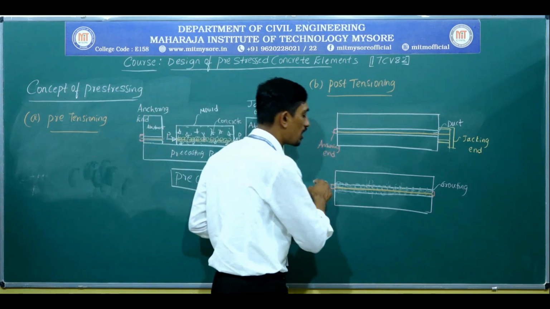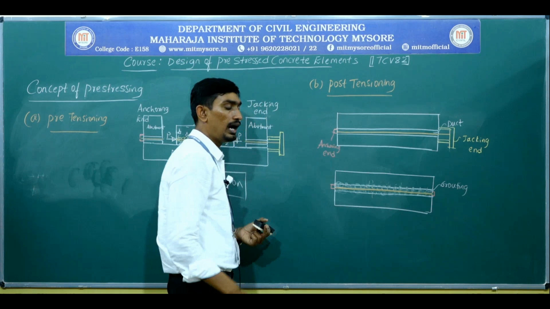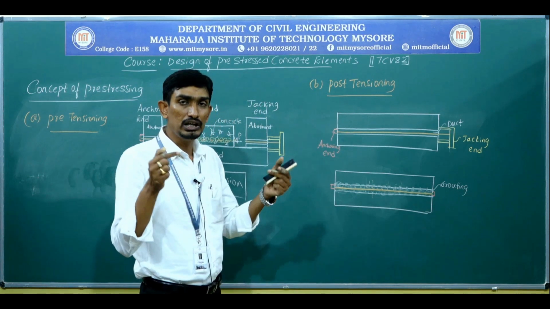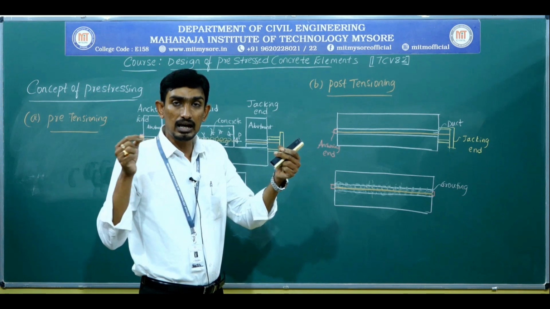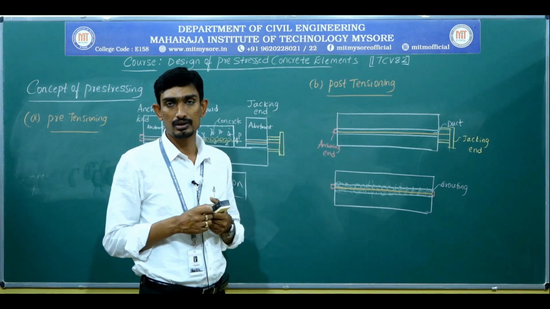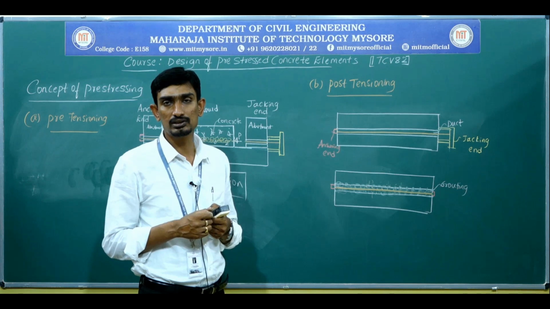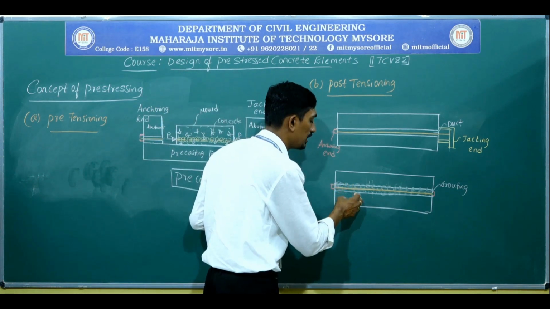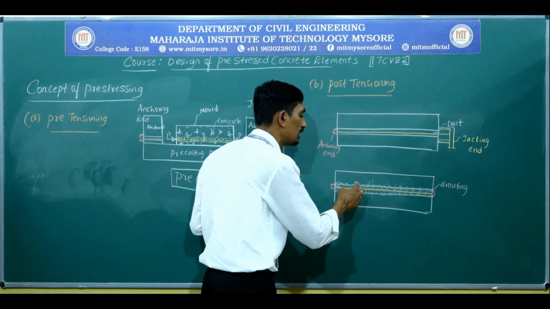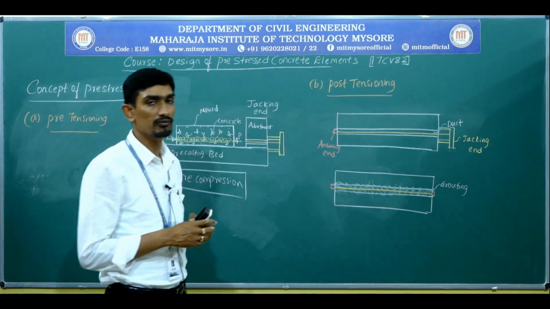Through the duct, accommodate the tendon, and then after inducing the pre-compression through the jack, anchor at both ends, and later on, to create the bonding between the reinforcement and the hardened concrete, the grouting will be done.